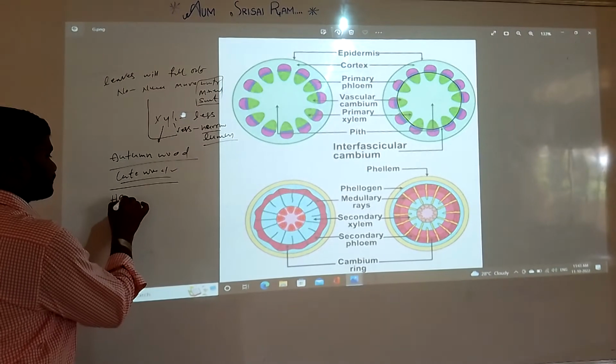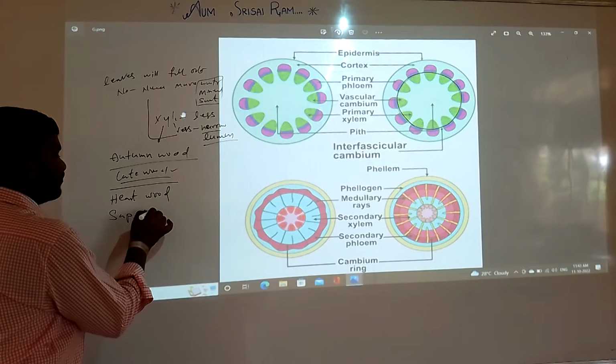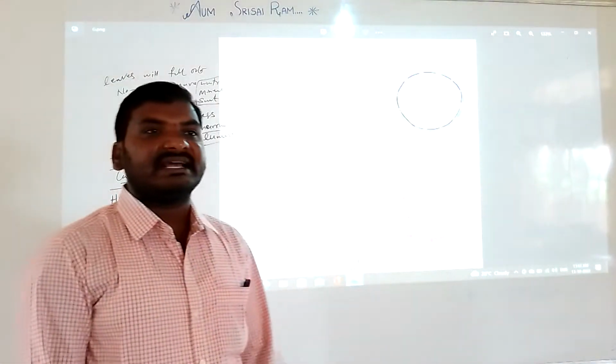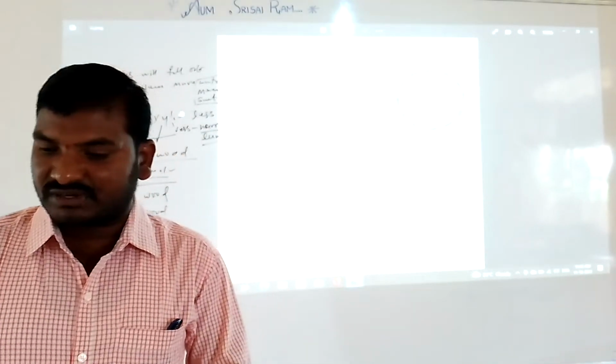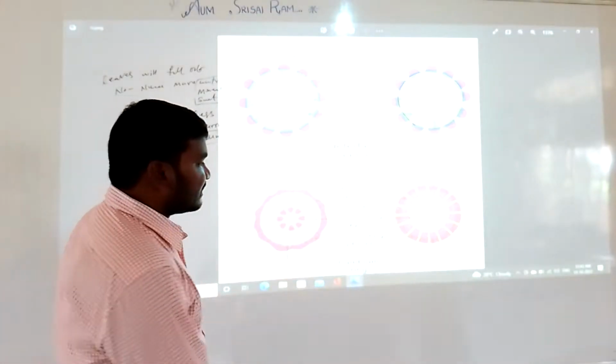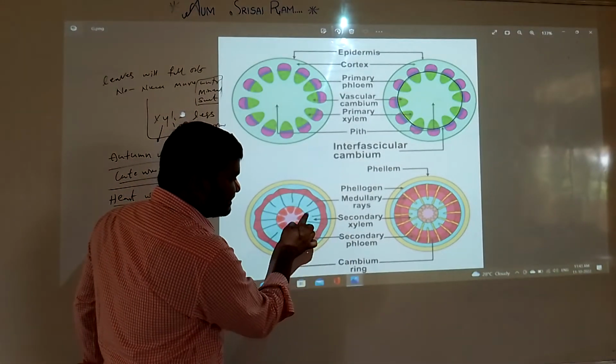That is hardwood and sapwood. So these are the two types of wood present. When you observe, here I will demonstrate the points. Here you can see this is the secondary phloem, the red colored one. This is the secondary xylem.